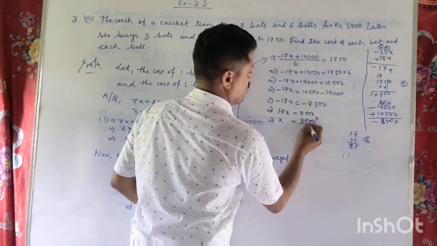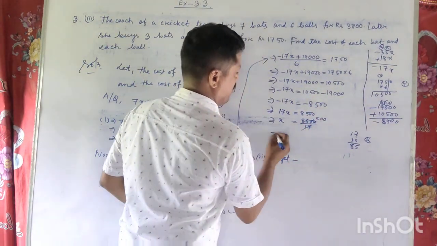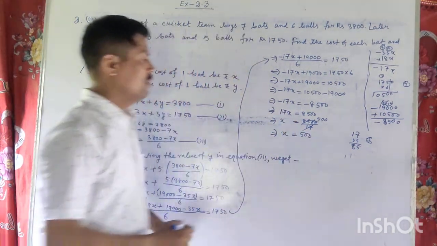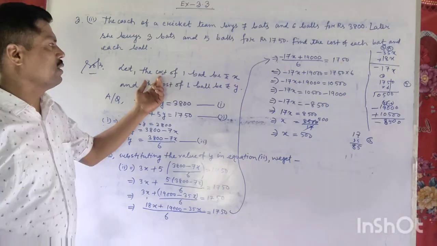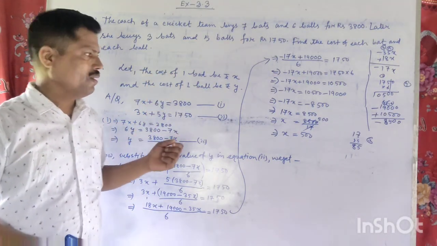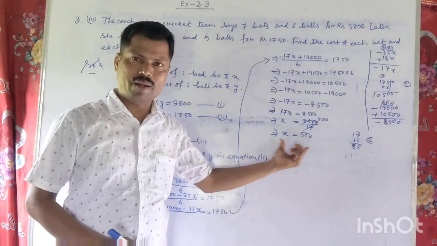And how many zeros are there? 2 zeros. That means x is equal to 500. So x we have taken here for the cost of 1 bed. That means 500 to find out here.